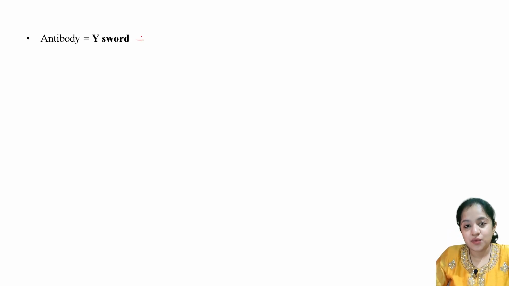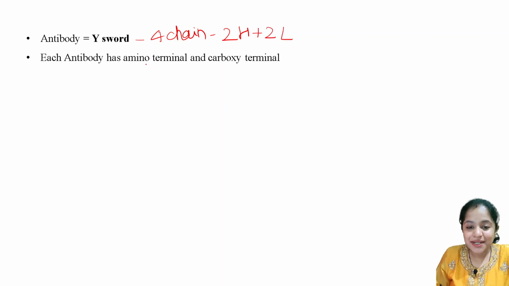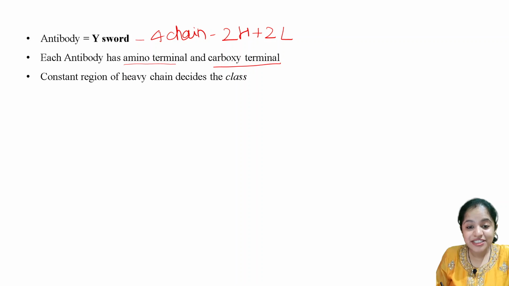Now, let's revise everything we have gone through till now. Antibody is a Y sword. It's like a Y sword which has 4 chains. Which 4 chains? 2 identical heavy chains plus 2 identical light chains. Each antibody has the amino terminal at the upper end and the carboxy terminal at the lower end. The constant region of the heavy chain decides the class of antibody.